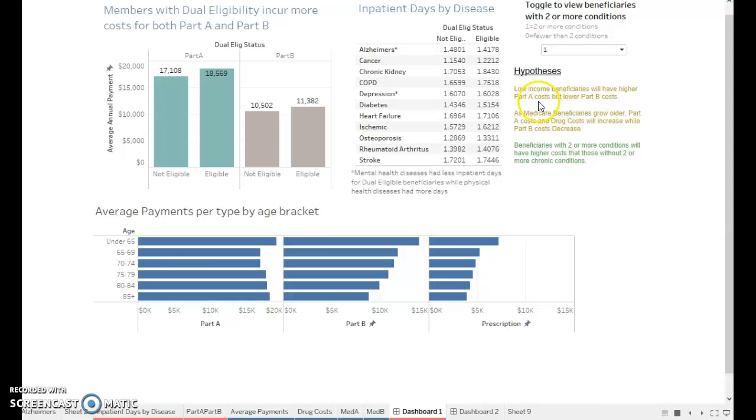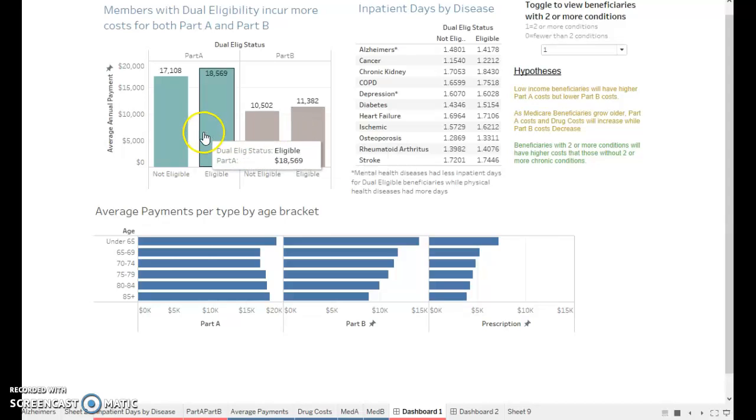So first of all, we had a hypothesis that said low-income beneficiaries will have higher Part A cost and lower Part B cost. And we can see that displayed over here. So Part A are the teal-colored columns, and Part B are the gray-colored columns.